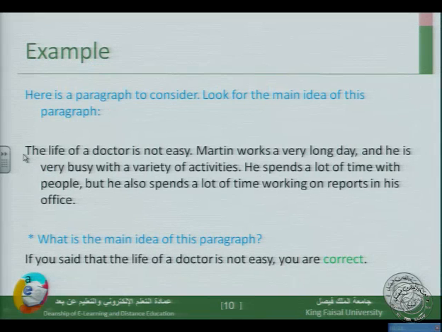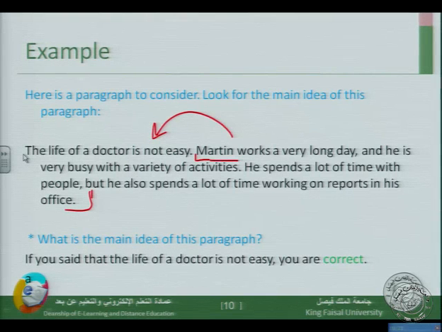If you read, the life of a doctor is not easy. What is the main idea of this paragraph? Well, if you just read the rest of this paragraph, you will find details about how the doctor's life is not easy. So these are all supporting sentences, supporting ideas to what? To this idea.